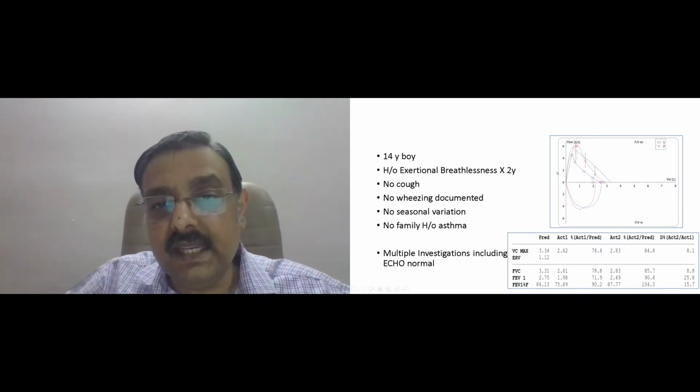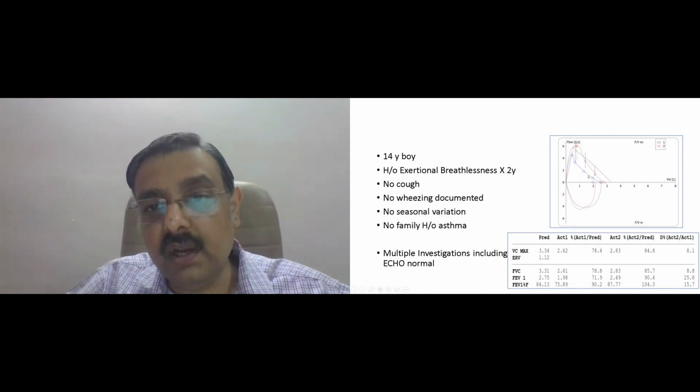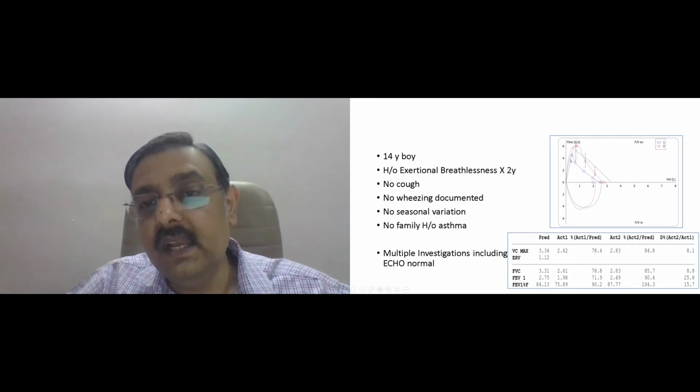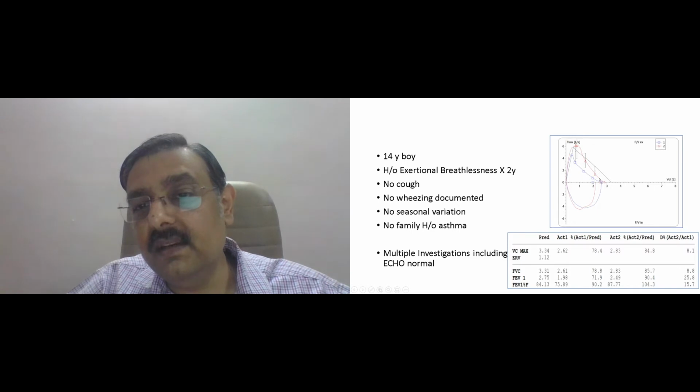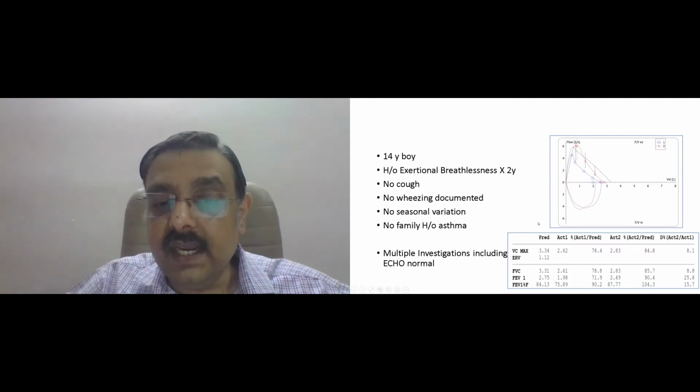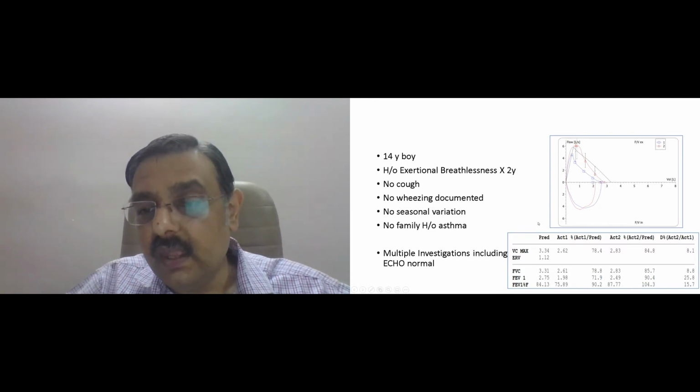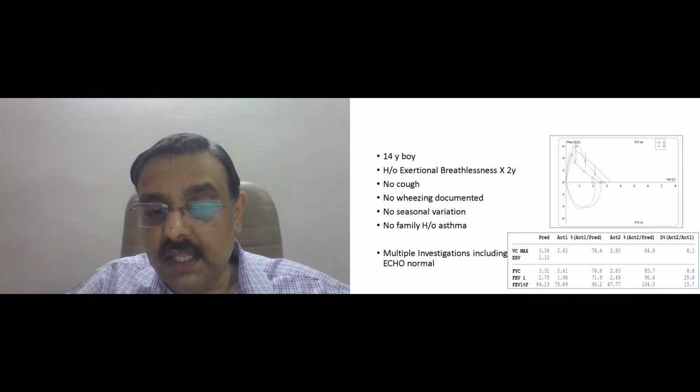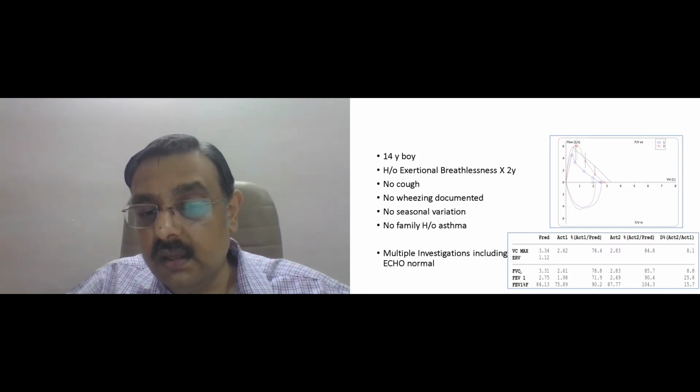The baseline spirometry of this child clearly showed these blue graphs. The blue graph is the pre-bronchodilator curve. It appears to be scooped and smaller in size, and if you look at the post-bronchodilator curve, it is significantly larger in size, and the scooping has disappeared.